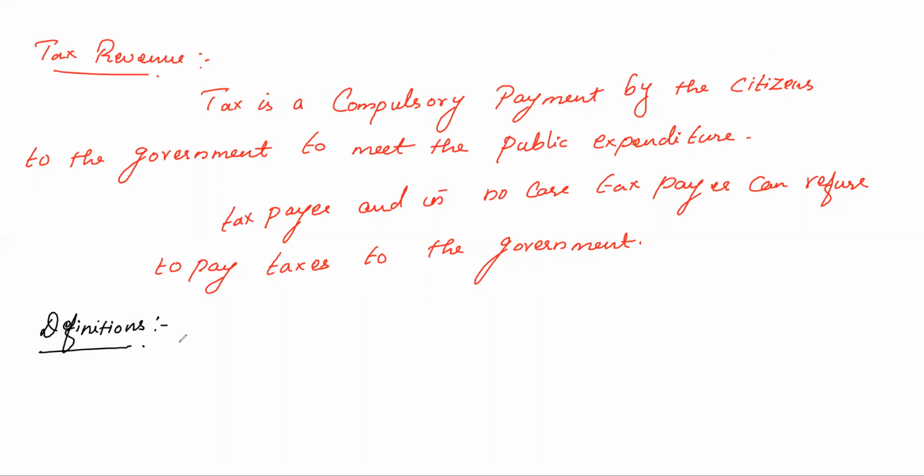Definitions. First one: a tax is a compulsory payment made by a person or a firm to a government without reference to any benefit the payer may derive from the government.